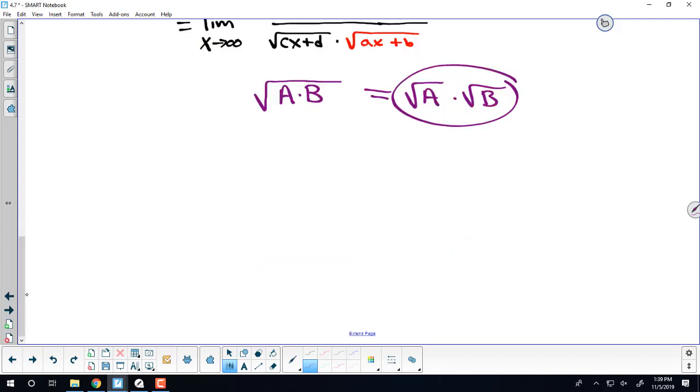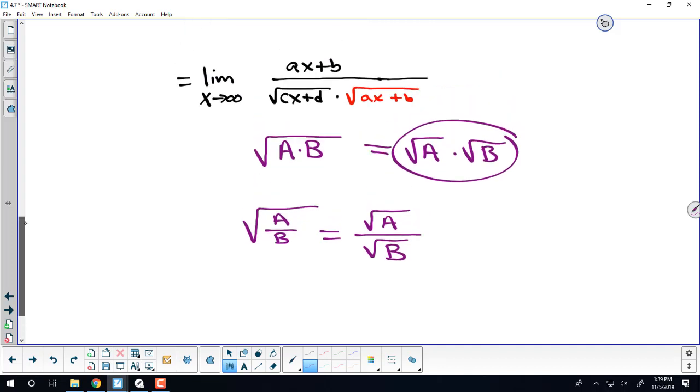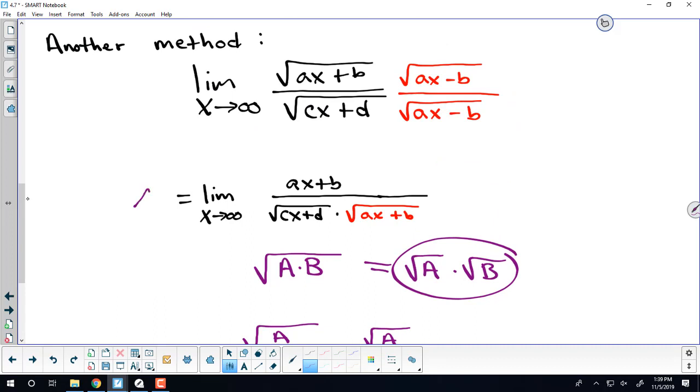But even at that point, I don't think it's necessary because the square root of A over B is also the square root of A over the square root of B. So I don't know that there's anything wrong with this thing here, but I don't think it's necessary. Because at some point you've got to combine the expressions under the radicals.